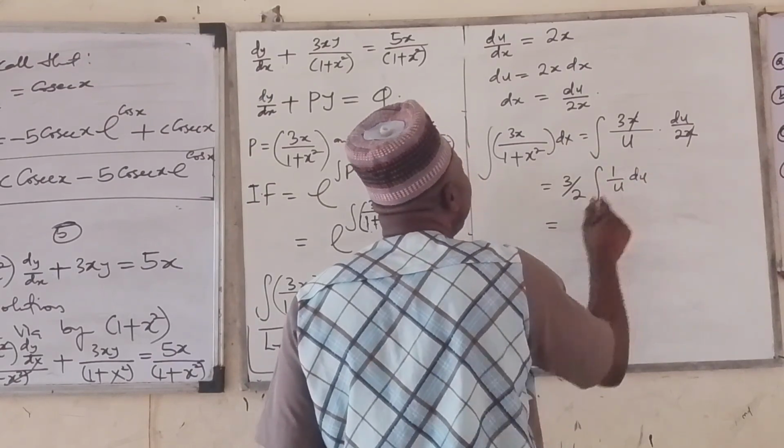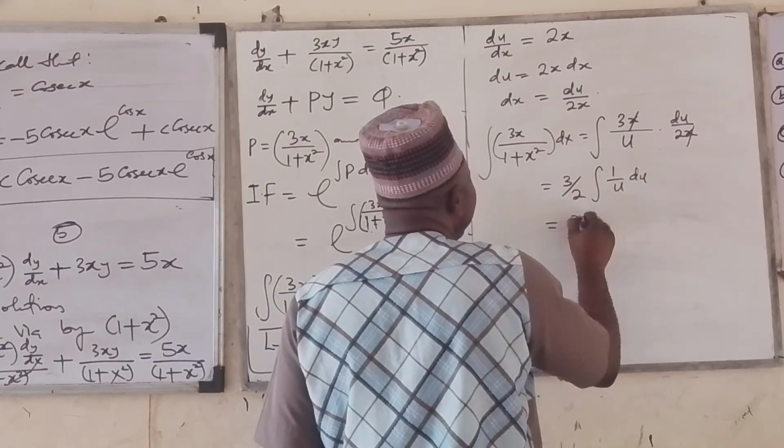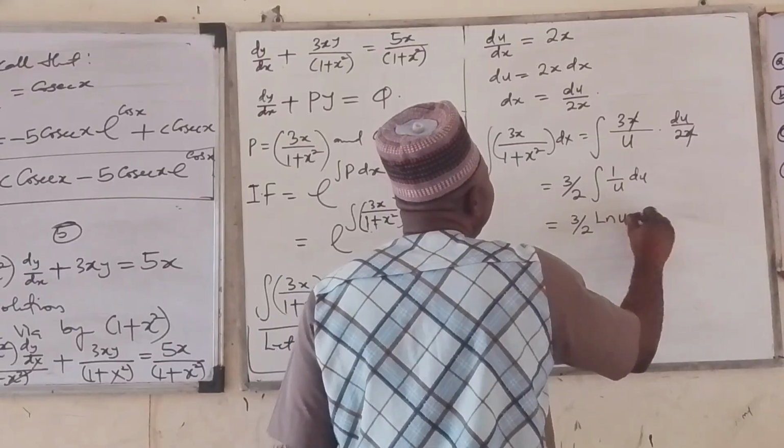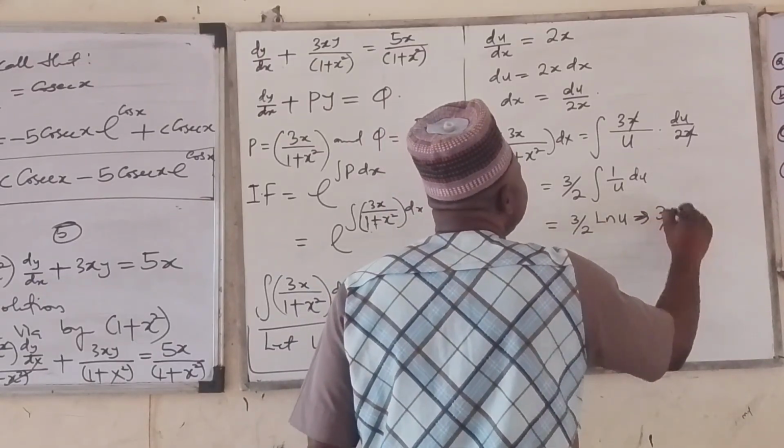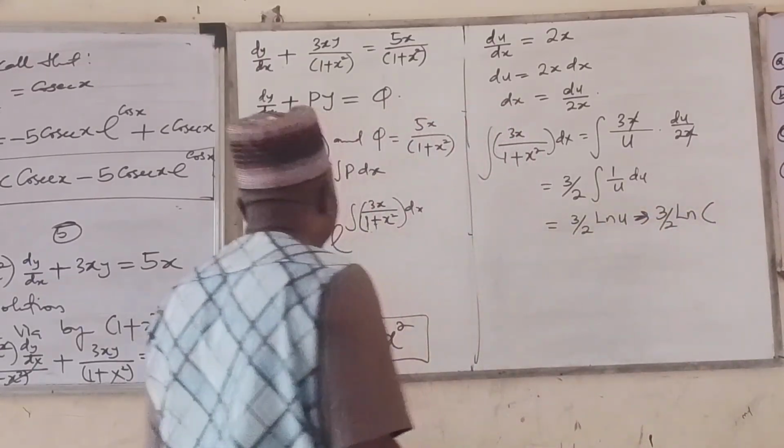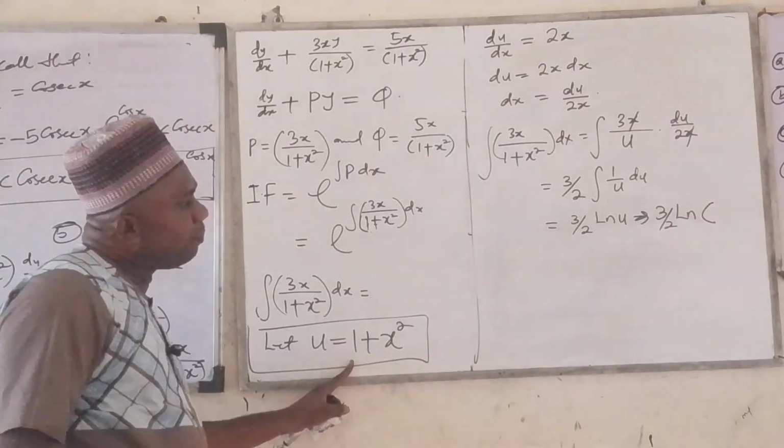Now when you integrate 1 over u, it gives ln u. So this will be 3 all over 2 ln u. Now the value of u, we said let u be equal to 1 plus x squared.